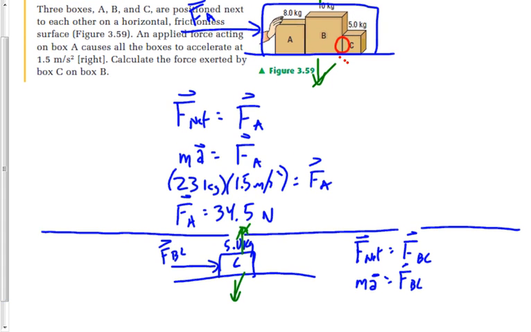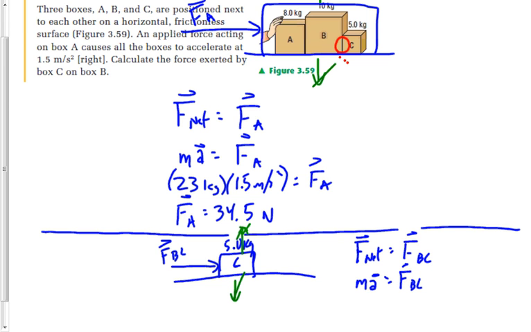Or some sort of combination of them? Okay, 10? Why would I use 10? The box that's doing the pushing has a mass of 10. The box that's being pushed has a mass of 5. Want to change that answer? Yeah. You want to always use the mass that's being pushed. The mass that's being accelerated.